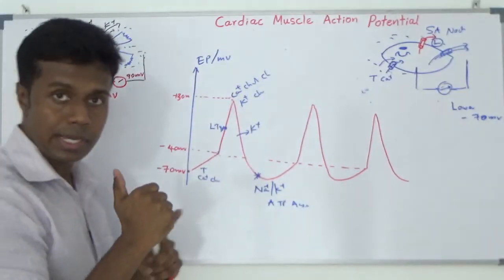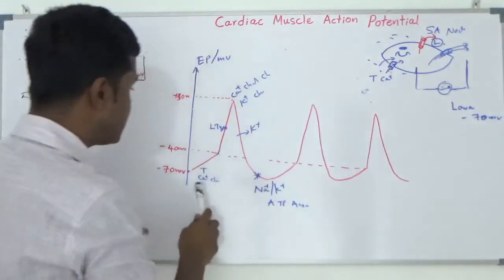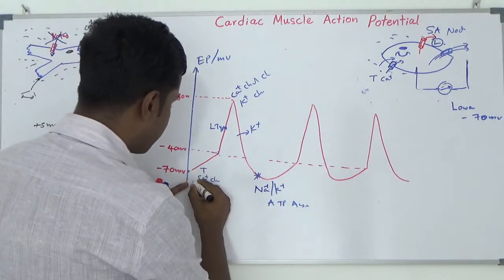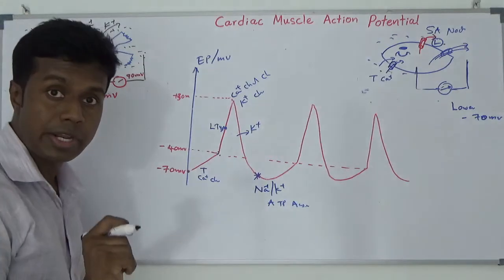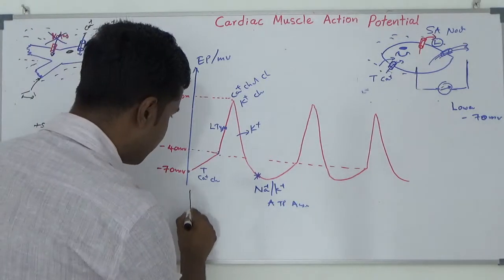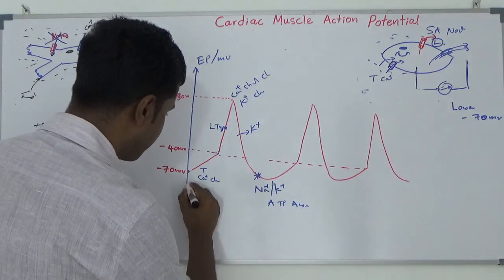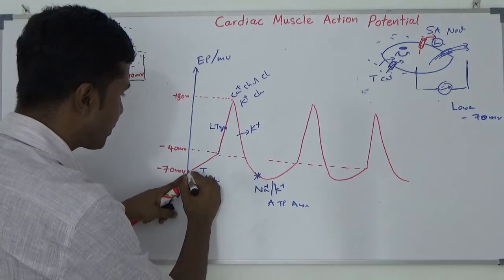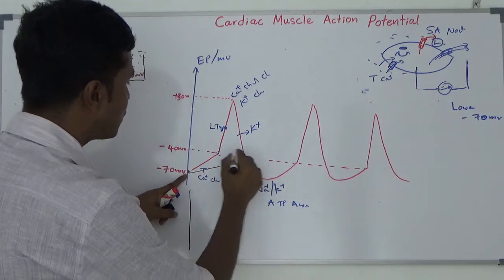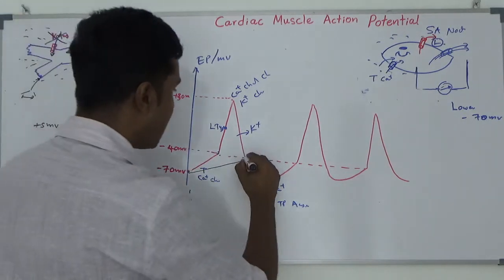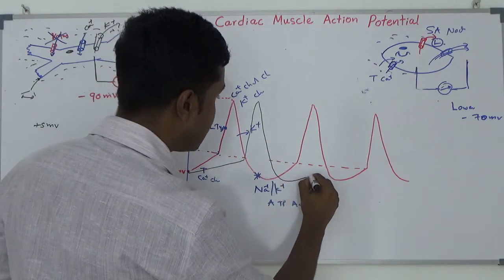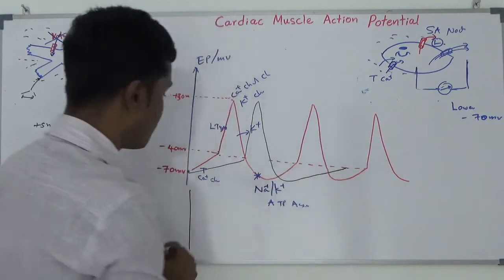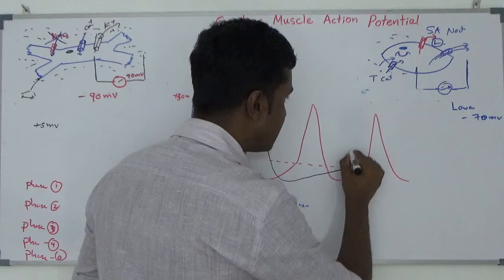The only difference between the AV node and SA node is that the time duration from here to here is much longer in the AV node. The AV nodal cell starts at minus 70 and takes a long time to come to minus 40 millivolts. After that, the same thing happens.